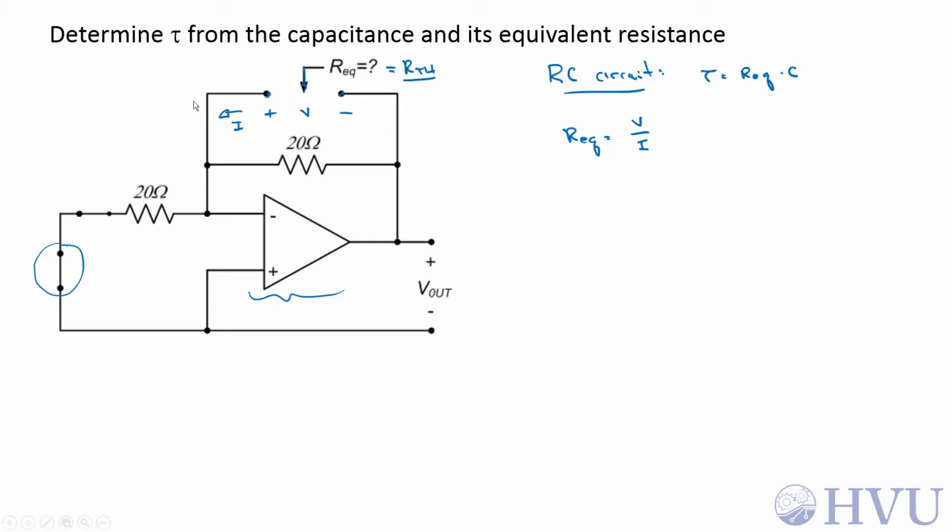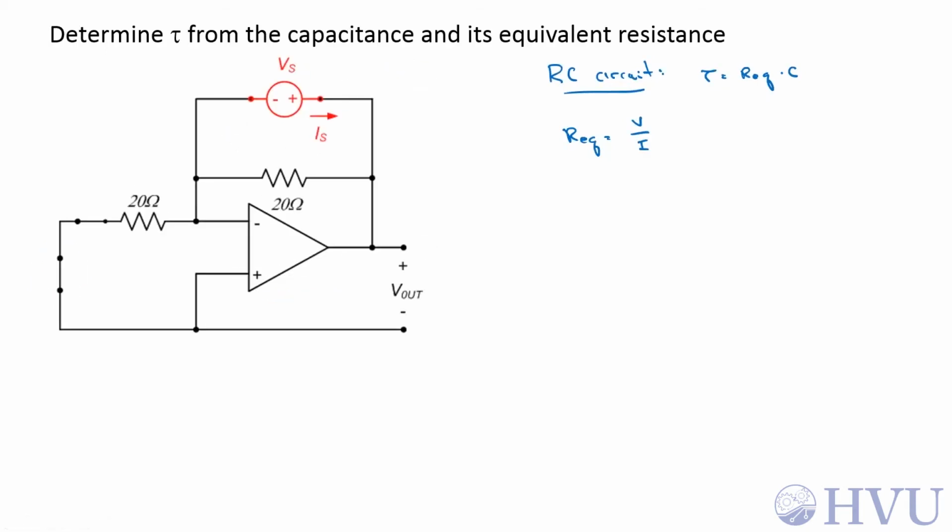But what I can do is a much more general approach. I can actually put a little voltage source between the terminals where the capacitor was. So apply a voltage there and calculate the current going into the rest of the circuit. So then the equivalent resistance is simply going to be whatever voltage I apply divided by whatever current I solve for.